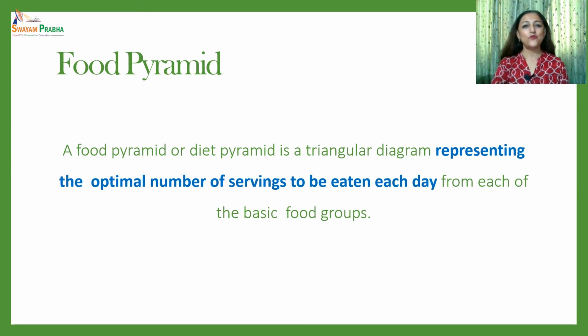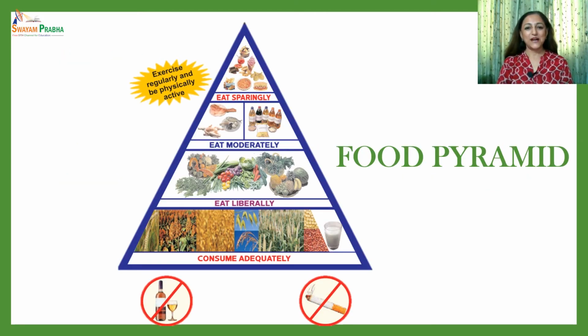The first type of food guide is the food pyramid. A food pyramid or a diet pyramid is a triangular diagram. It represents the optimal number of servings to be taken each day from each of the basic food groups. Now let's study our Indian food pyramid.